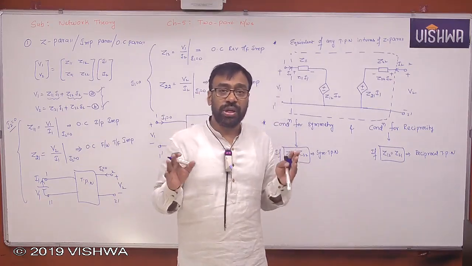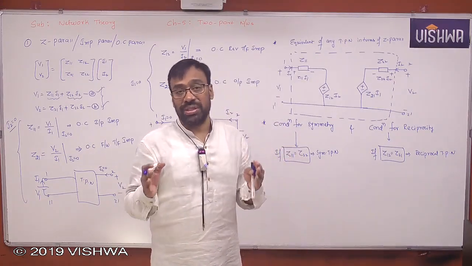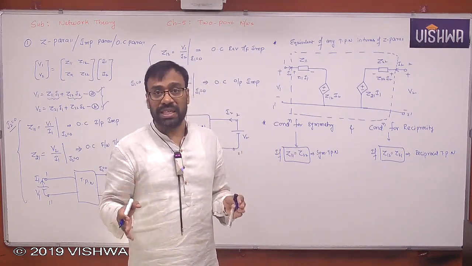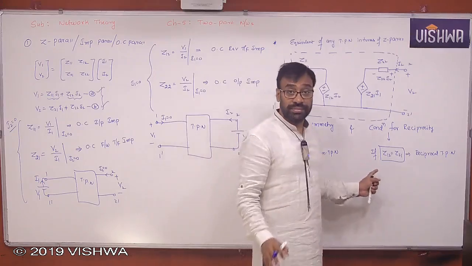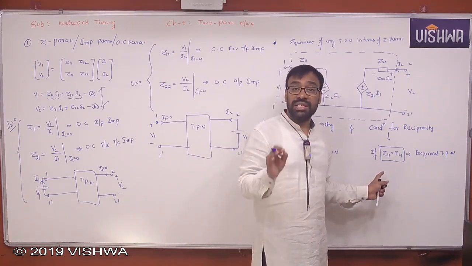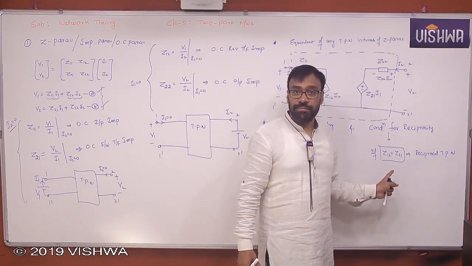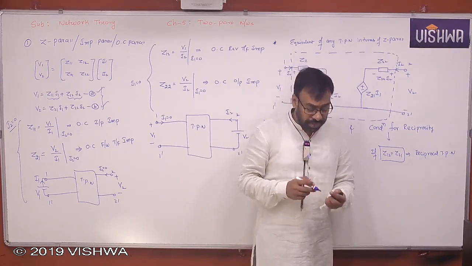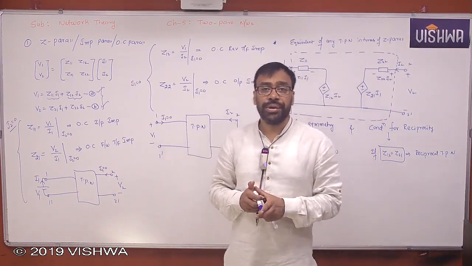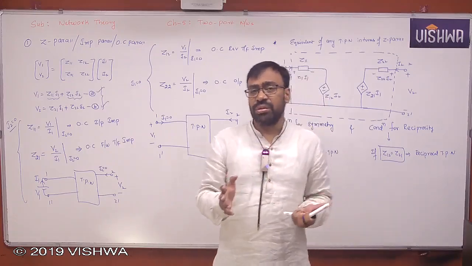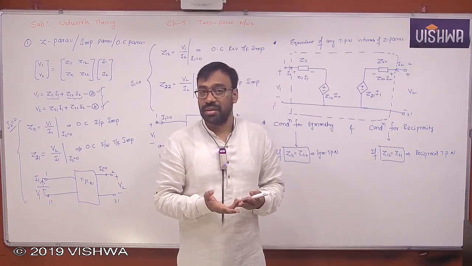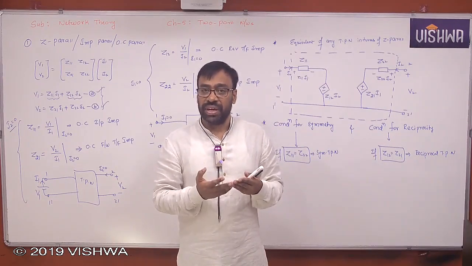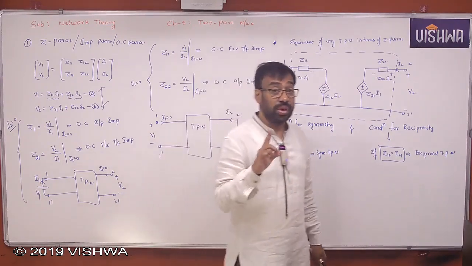If any two-port network contains a dependent source, then definitely the condition for reciprocity will be violated. Hope you remember, in the reciprocity theorem we discussed in the first chapter, if any circuit contains a dependent source, the reciprocity fails.